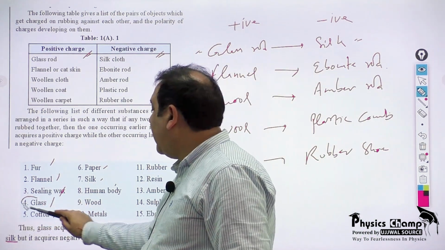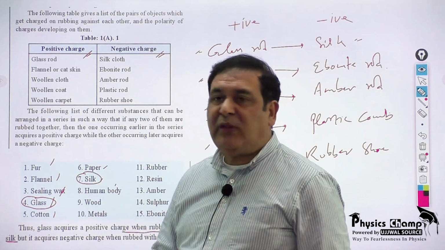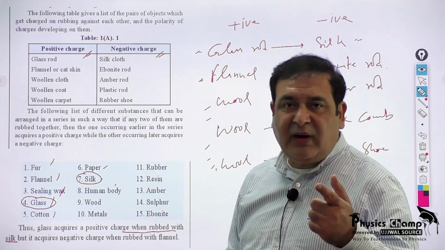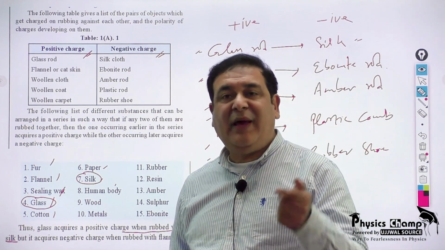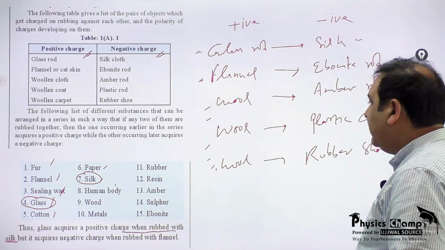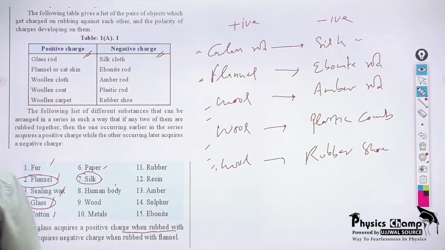Glass comes at number 4 and silk comes at number 7. So the one which is earlier will be positively charged against the one which comes later in this sequence.